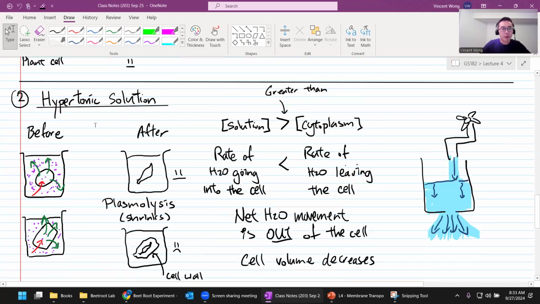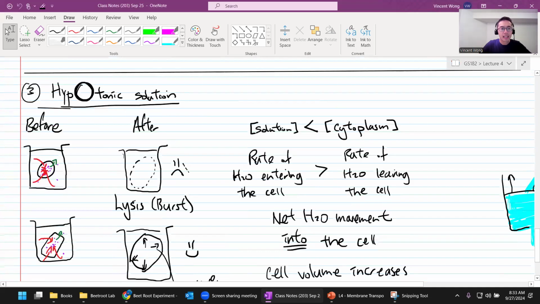The hypertonic environment is where the solute concentration is greater on the outside, and so it will draw water out of the cell, causing it to shrink and shrivel up. We call that plasmolysis. And finally, the hypotonic solution is where there is more solute on the inside of the cell, and that's going to draw fluid into the cell, causing it to swell up and ultimately burst if we are talking about an animal cell.